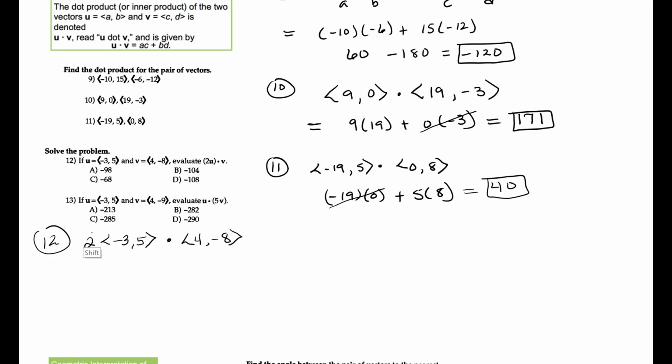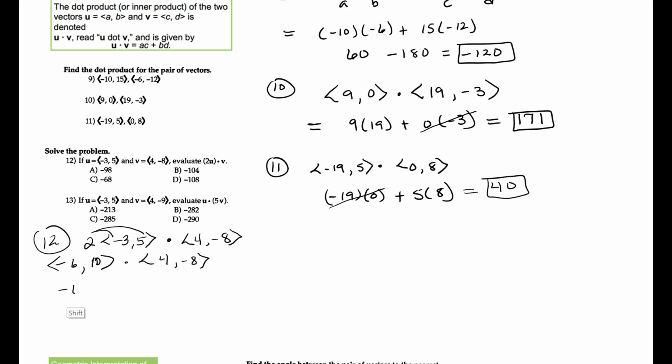When we do this scalar multiplication, it's just like distribution when we were working with numbers. We get negative 6, comma 10, dotted with 4, negative 8.